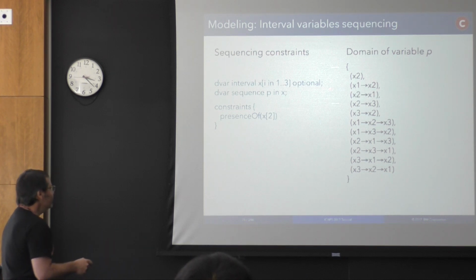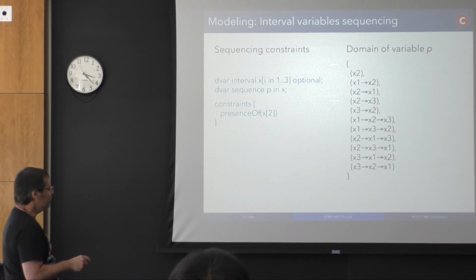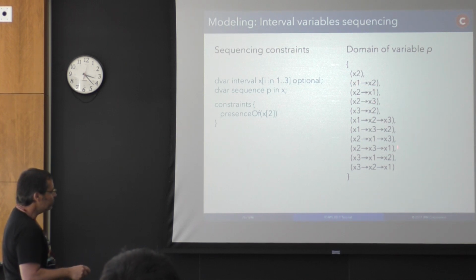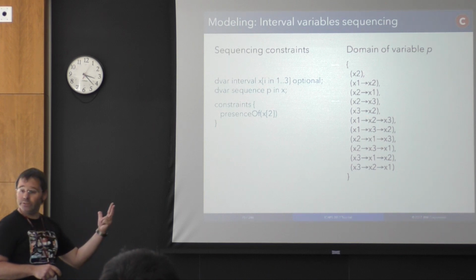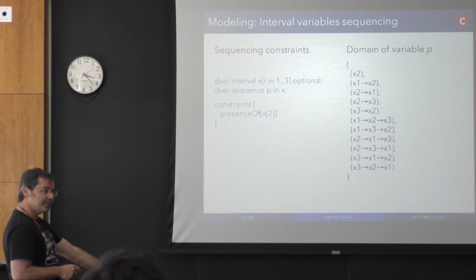This is all the permutations where x2 is present, but x1 and x3 can be there or not. So you have x2, then you have the permutations where you introduce x1, so x1 before x2, x2 before x1. You have a permutation where you introduce x3, and you have all the permutations where all the 3 intervals are present. So this is the domain of your sequence variable.